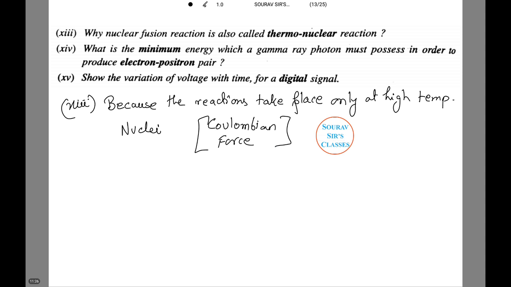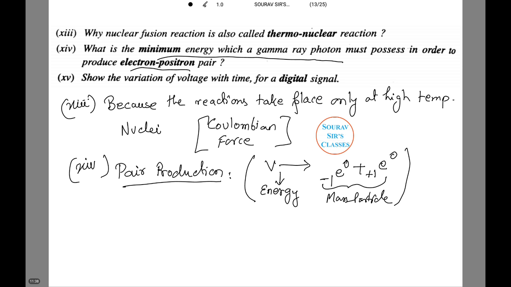Now in the next one, what is the minimum energy which a gamma ray photon must possess in order to produce an electron-positron pair? Let's see. This is called pair production. Here energy and mass particle reaction I have shown. Here energy is transformed into mass.